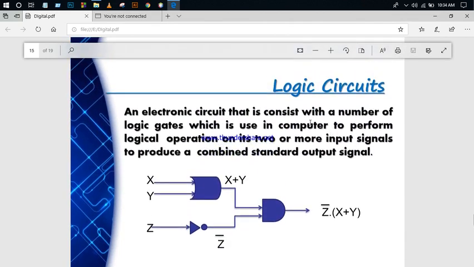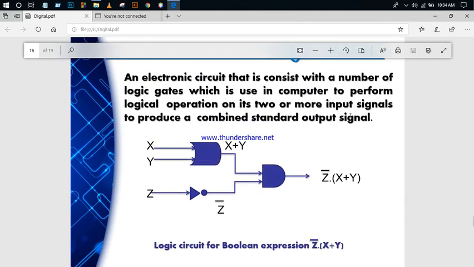Logical circuit: an electronic circuit that consists of a number of logic gates, which is used in computers to perform logical operations on two or more input signals to produce a combined standard output signal. So here is the AND operator and the OR operator.